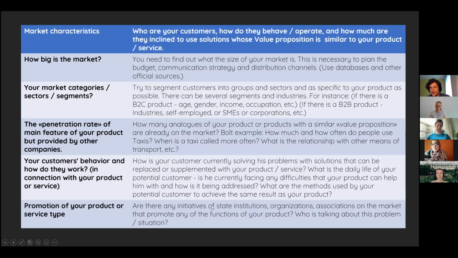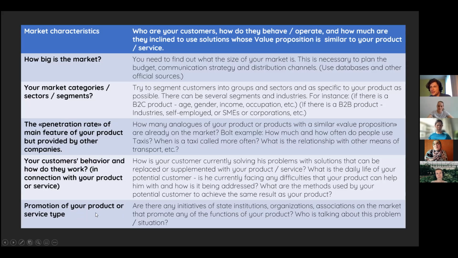Which is a way how they are promoting this idea, and which is important, for example, to Elon Musk, of course, because he understands that people in those countries can access his product way easier than in other countries. So this means: how is government or whatever association promoting your idea?